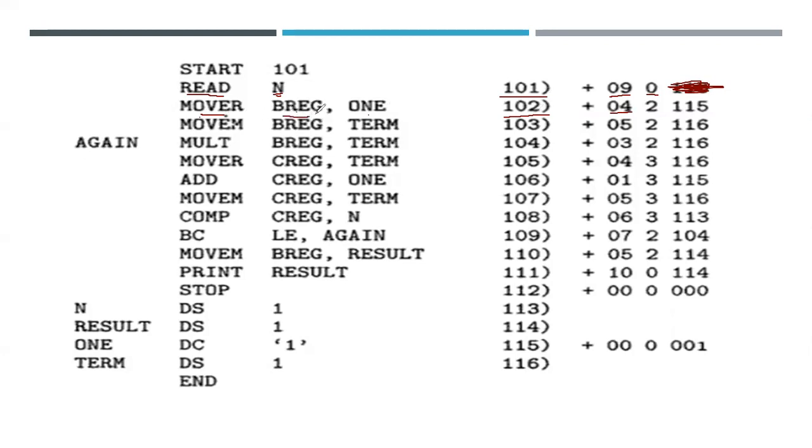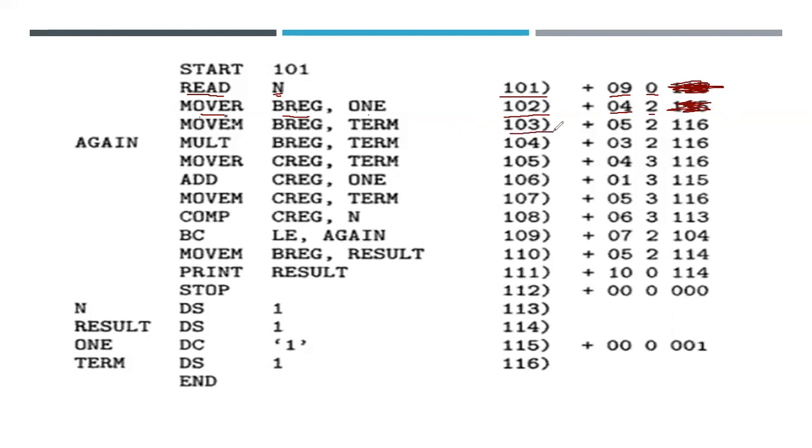We can use the A, B, C and D registers: A register is 1, B register is 2, C register is 3, and D register is 4. So for the B register, we write 2 here. After the comma, we have 1. But right now we don't know the address of 1, so forget about this for the time being.